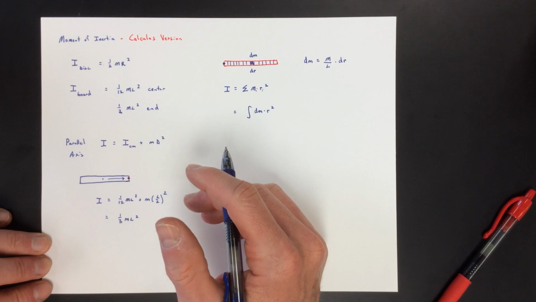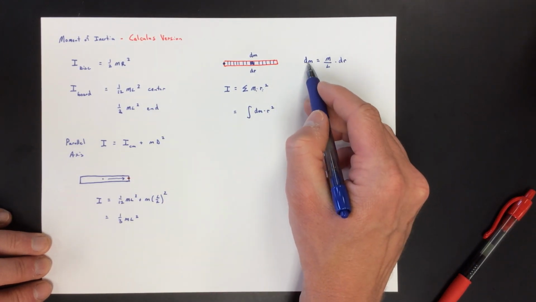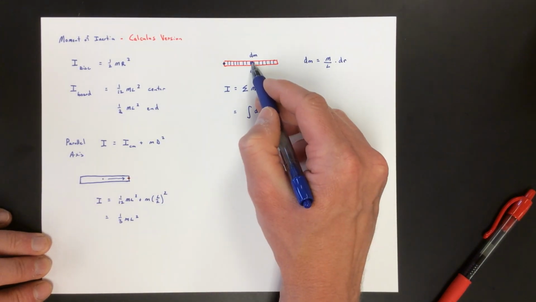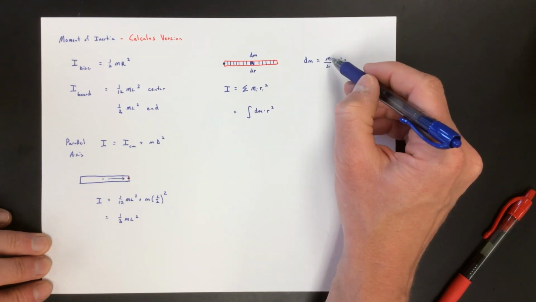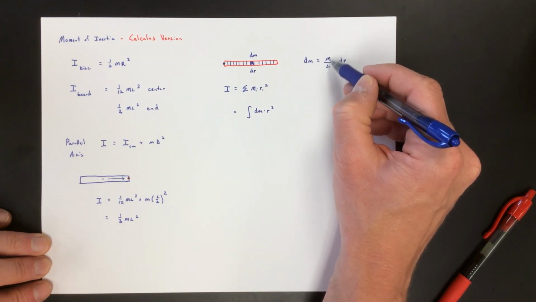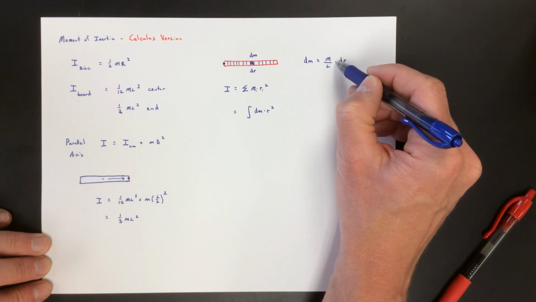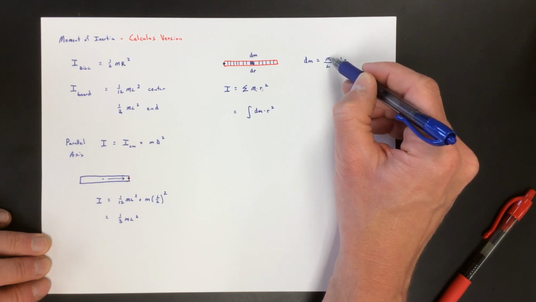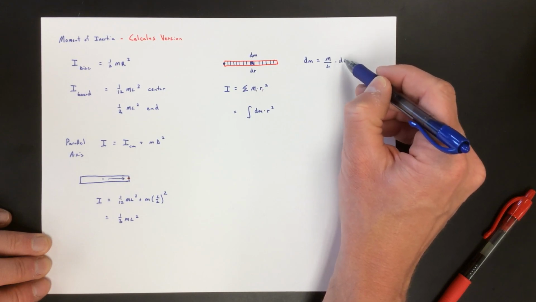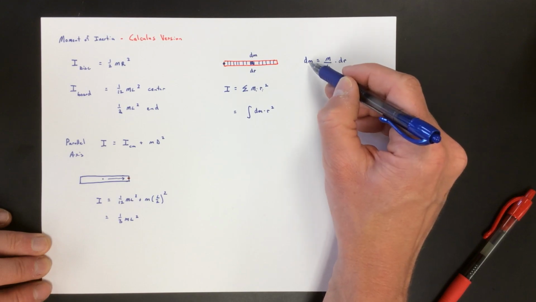Think about that. That's really not that hard. The mass of each little segment is equal to the density, in kilograms per meter, times the thickness of the segment in meters. Kilograms per meter times meters equals the mass.